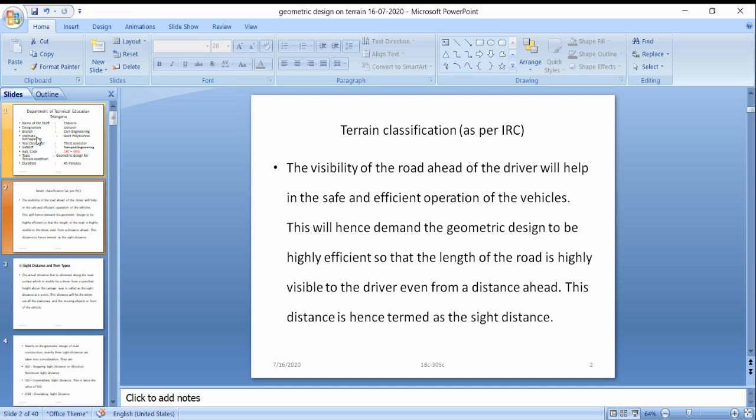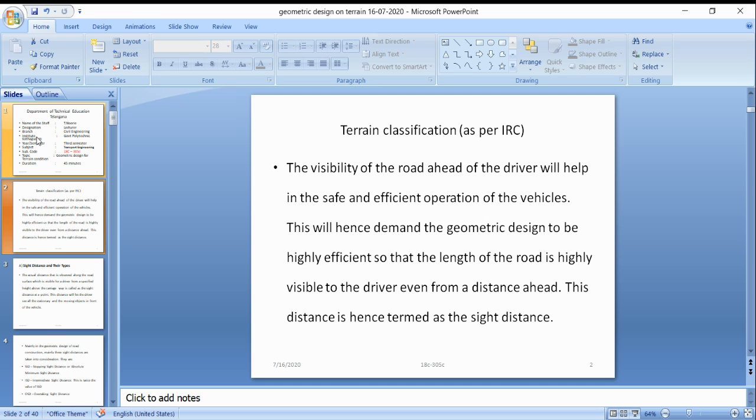So it is highly efficient so that the length of the road is highly visible to the driver even from a distance ahead. So a driver should be able to see from a long distance, not only by coming closer to the vehicle.